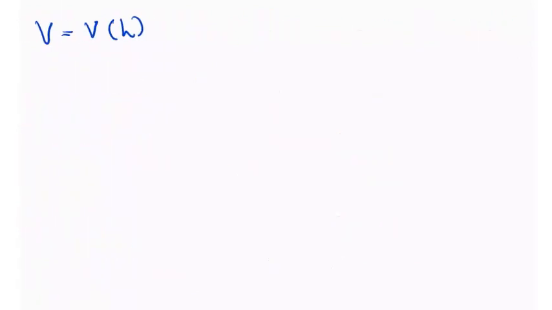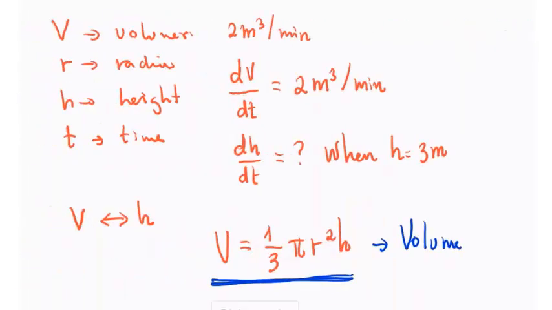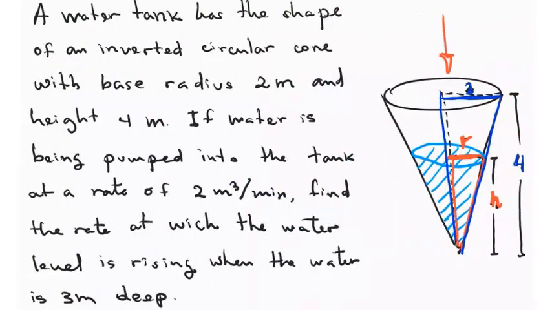Well, in order to eliminate the radius r, we can use similar triangles in the figure that we have here.